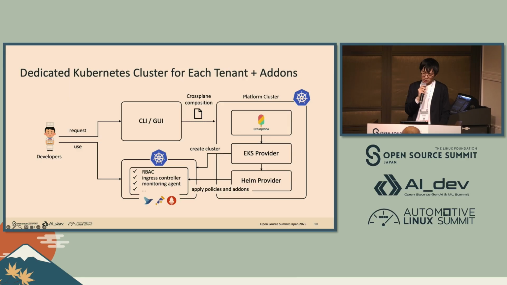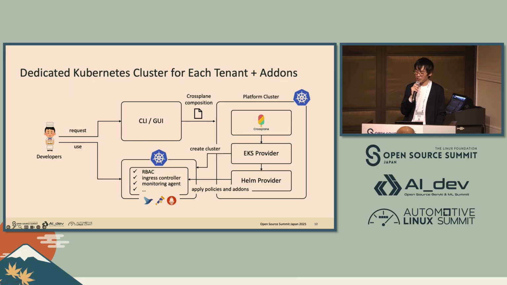And this slide shows an example of an IDP designed with a focus on providing Kubernetes to developers. Developers access the platform's features through a simple interface. From there, the platform automatically creates a Kubernetes cluster for them.